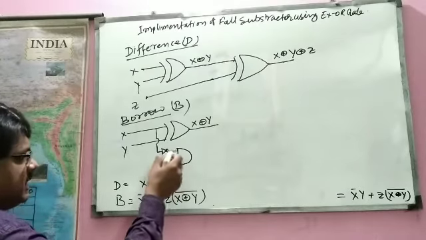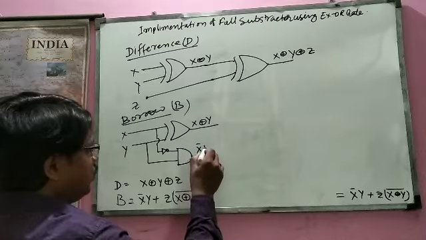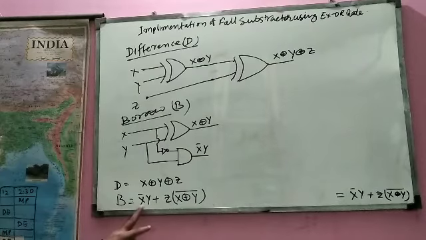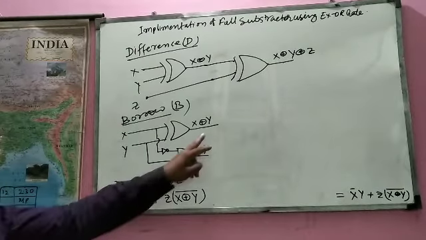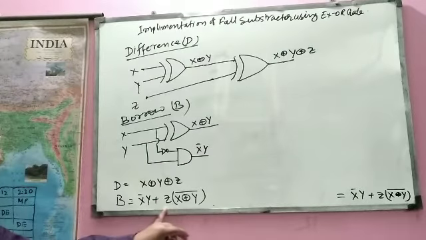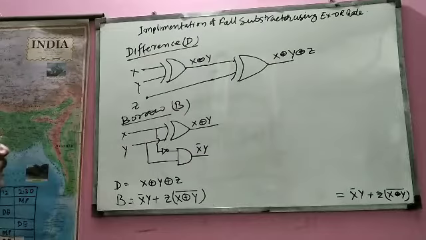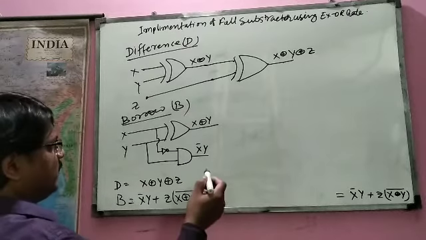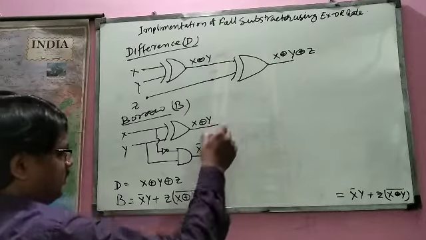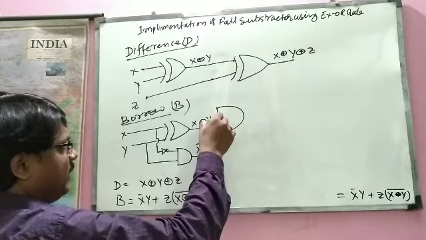So it is x bar and directly connect. So this is your x bar y. So this is completed, but this is not completed now because its second output is this one. So its second output should be like that. Okay. So this is your AND gate.